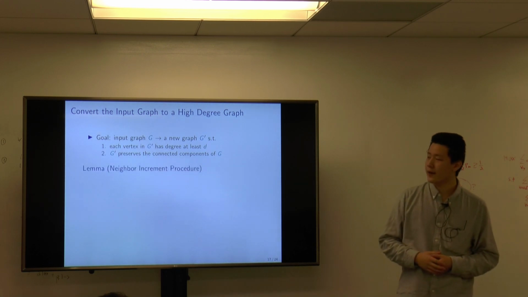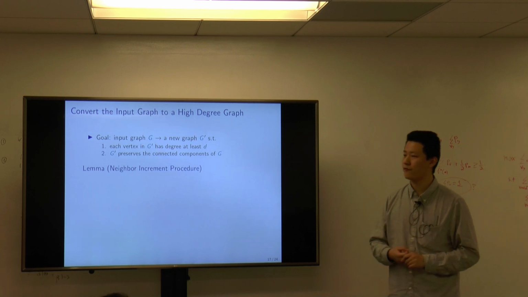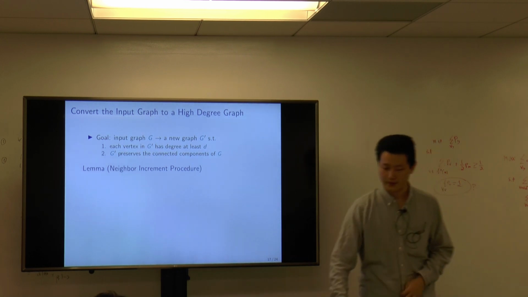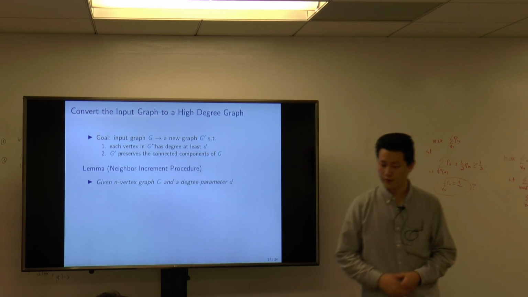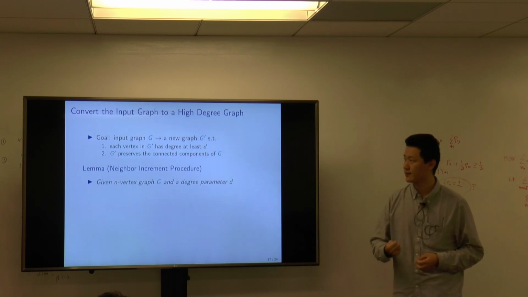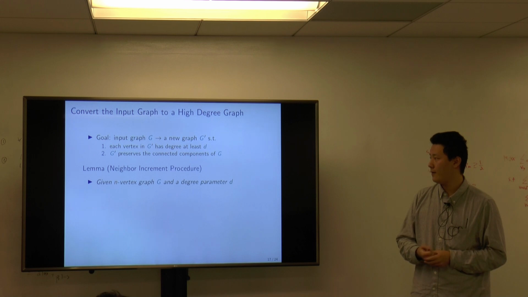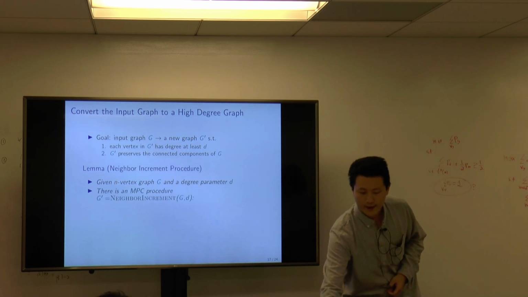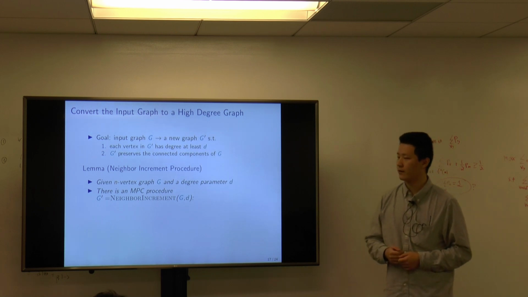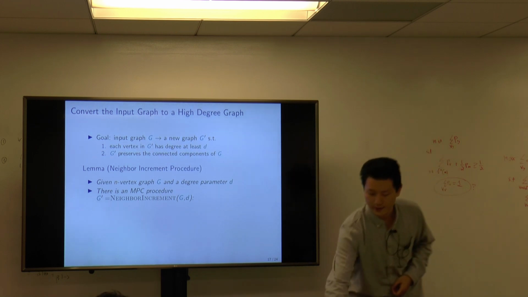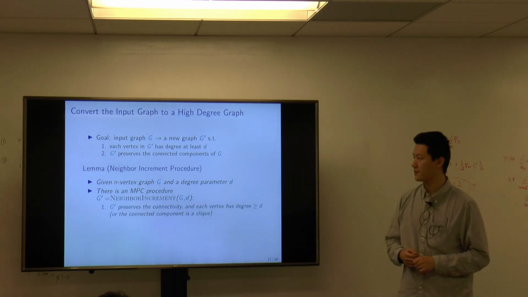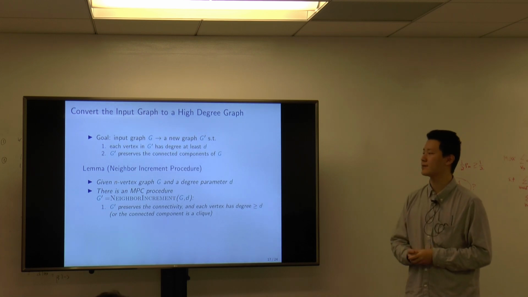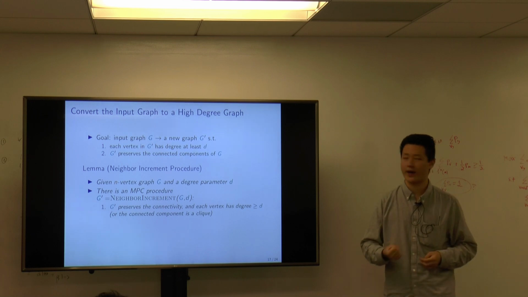One of our main contributions is to design the following MPC procedure. It's called neighbor increment. For the neighbor increment procedure, we take an n vertex graph G and the degree parameter d as the input, and it will output a graph G prime. This graph G prime preserves the connected components of the input graph G, and each vertex in G prime has degree at least d.